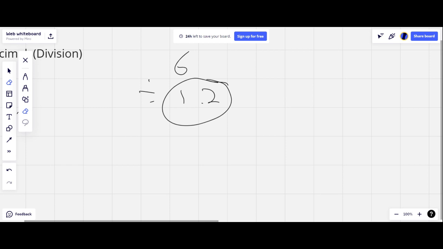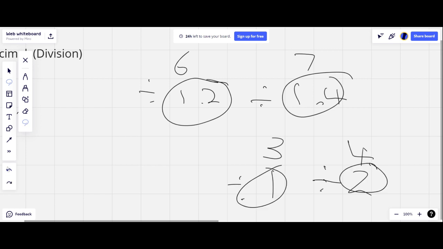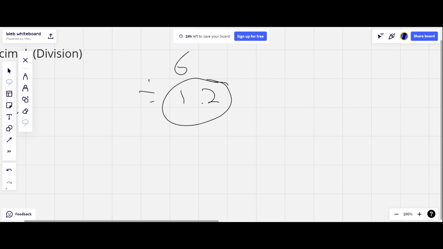So 6 is the dividend. And then 1.2 is the divisor. And then the answer is the quotient. You don't really need to know that, but sometimes tricky questions can give you these kinds of names.